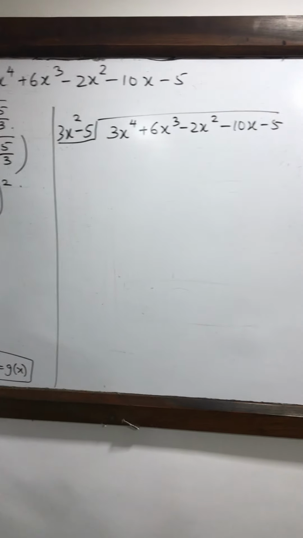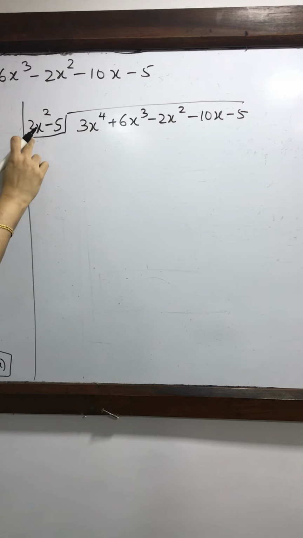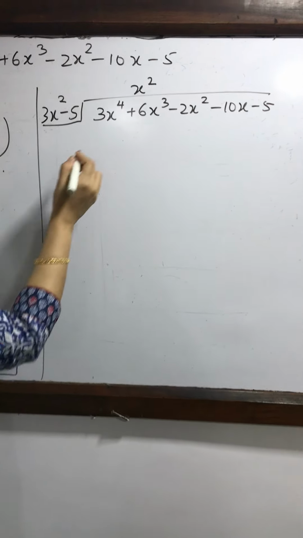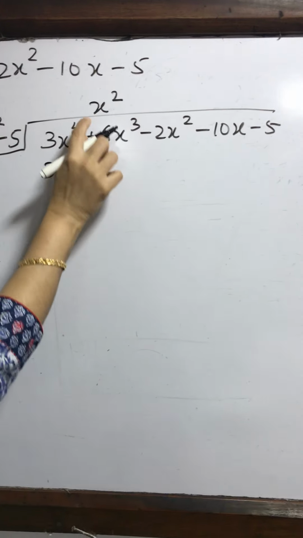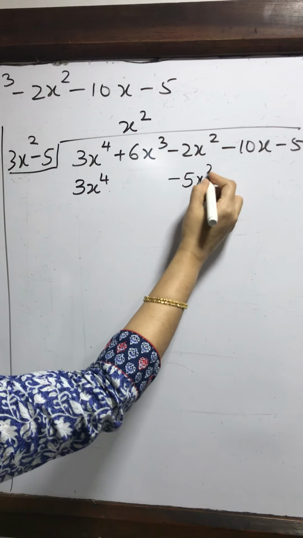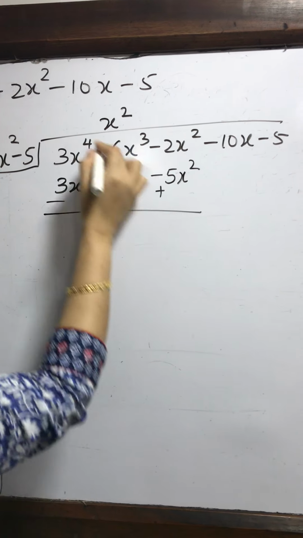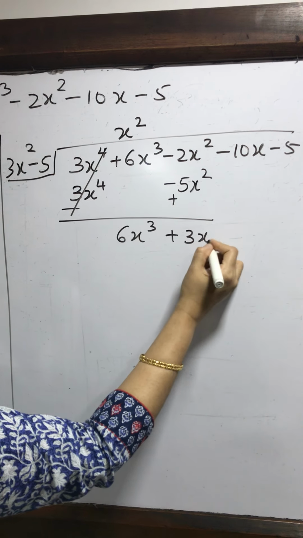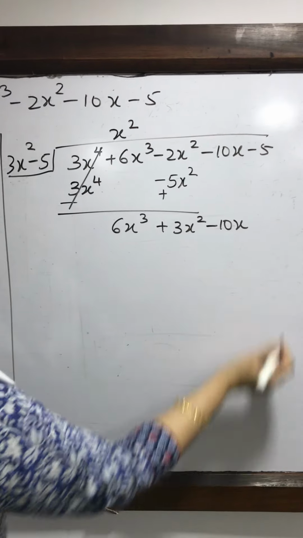To find the first term of the quotient, 3x raised to 4 divided by 3x square is x square. So we have 3x raised to 4 minus 5x square, which we will write here. We change sign and solve. So this is 6x cube plus 3x square minus 10x.